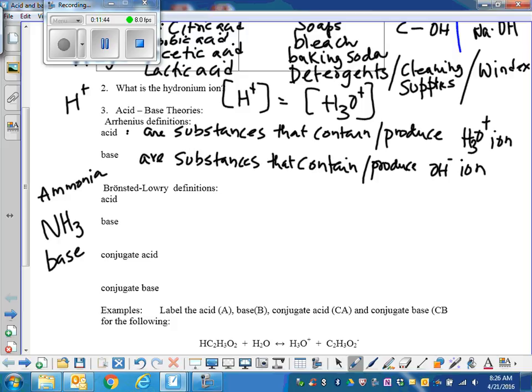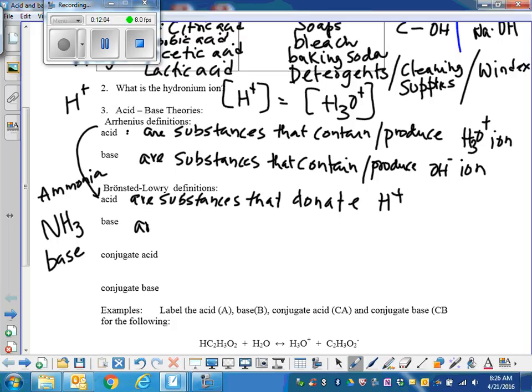Is that right? So the definition of Bronsted-Lowry's acid remains the same. He said acids are substances that donate a hydrogen plus. All right? And bases are substances that accept a hydrogen plus.